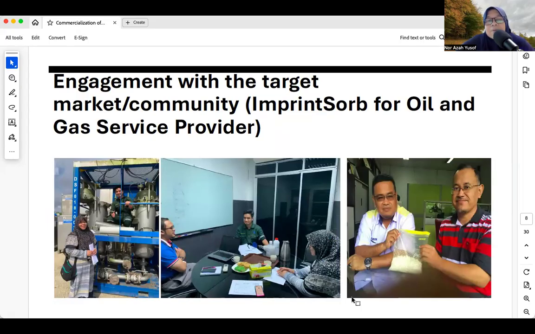I also did engagement for my polymer, because my application is targeting oil and gas. And of course, the market is very high. I knew that, for example, Petronas in Terengganu treated their gas with activated carbon, and that person showed me how much they spend, millions of ringgit Malaysia, just to treat the mercury.